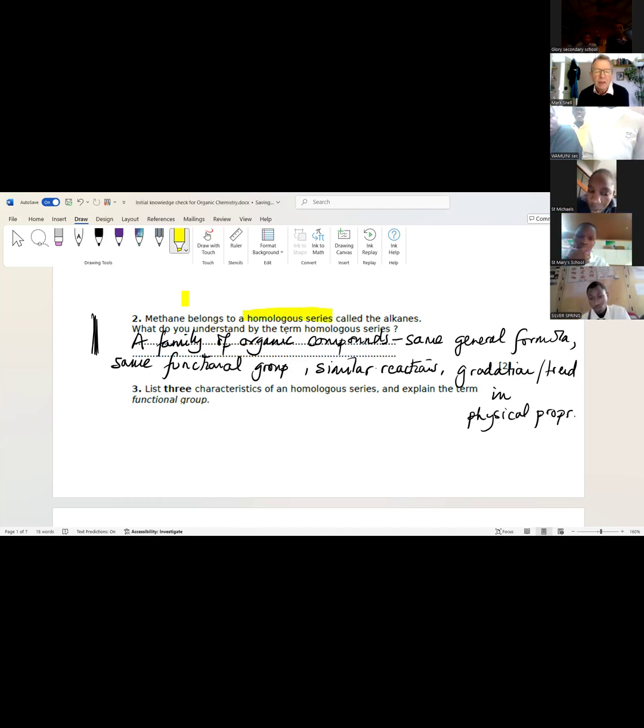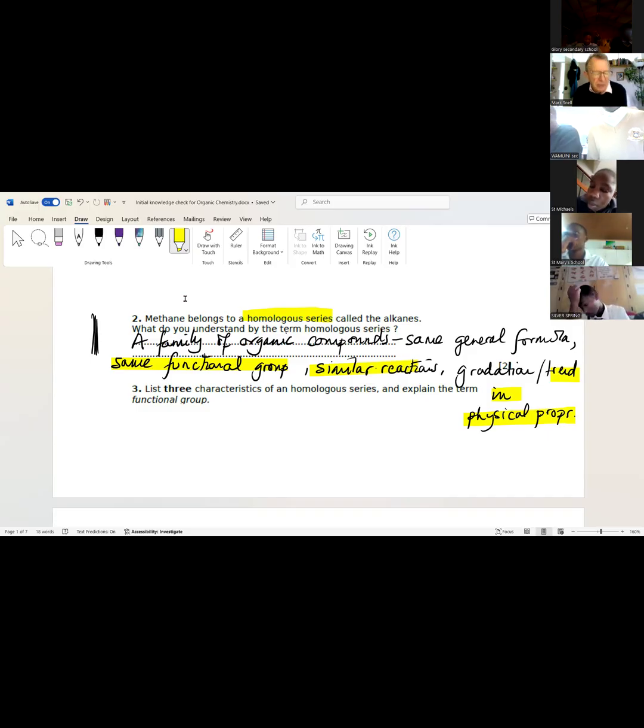The characteristics are that they have the same functional group, they have very similar reactions, and a trend in physical properties are the best ones to give. So it is just asking you 3 things that we know about a homologous series.